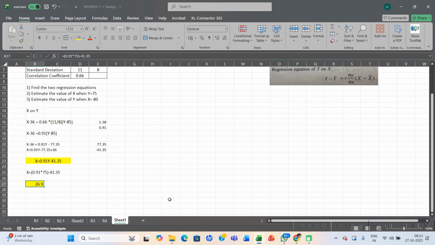In a similar manner, now we will be calculating y on x.